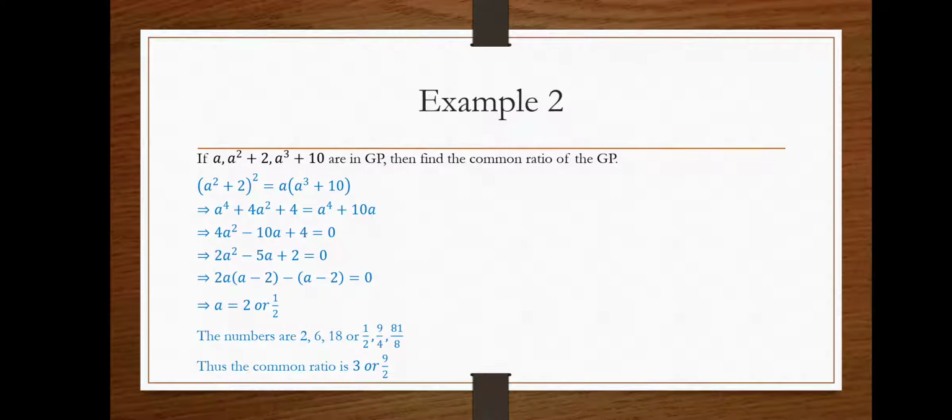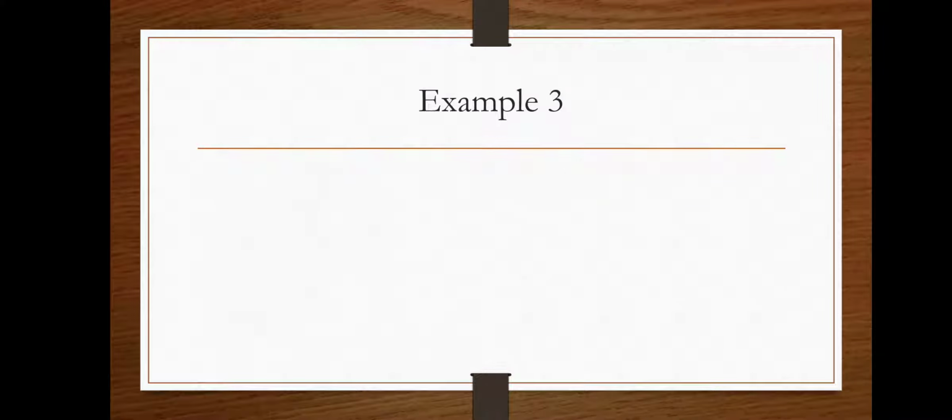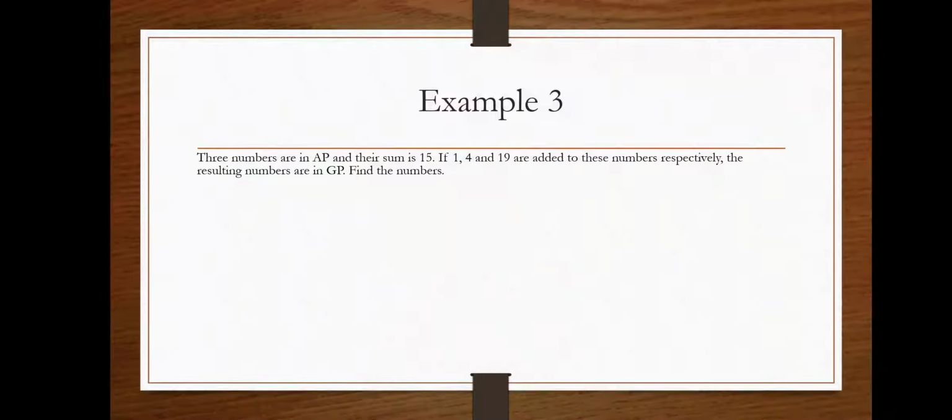Next, number 3. Three numbers are in AP and their sum is 15. If 1, 4 and 19 are added to these three numbers respectively, then the resulting numbers are in GP. So find the numbers.